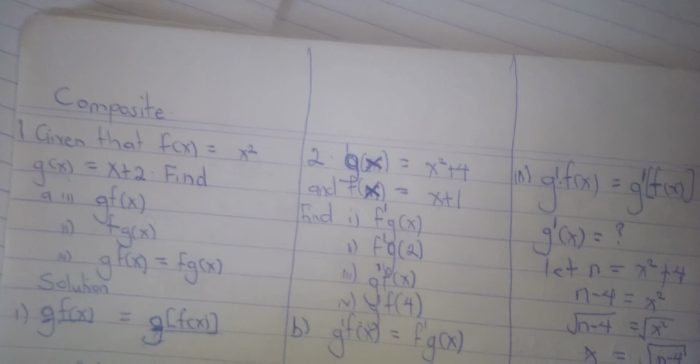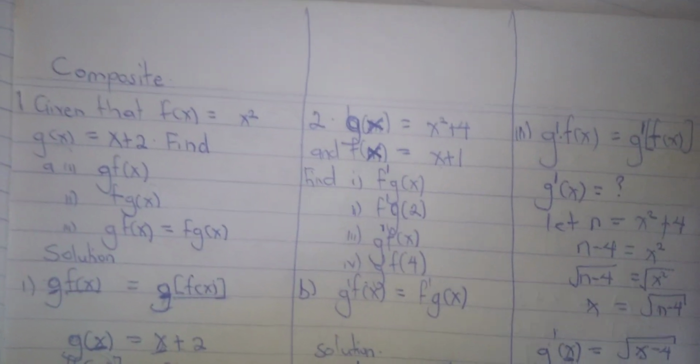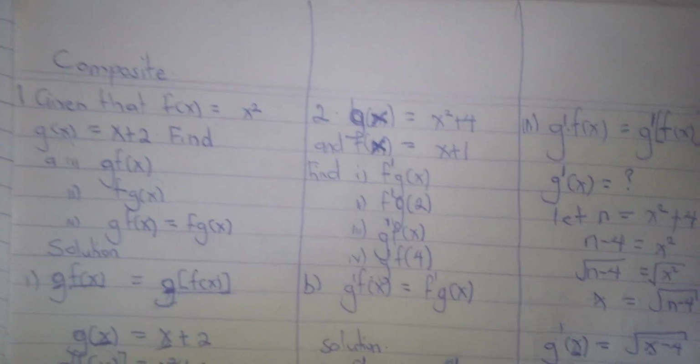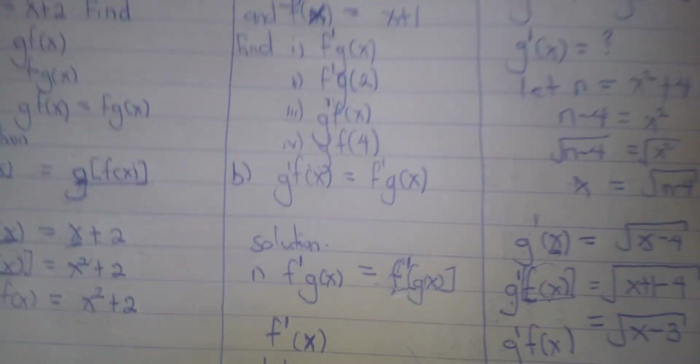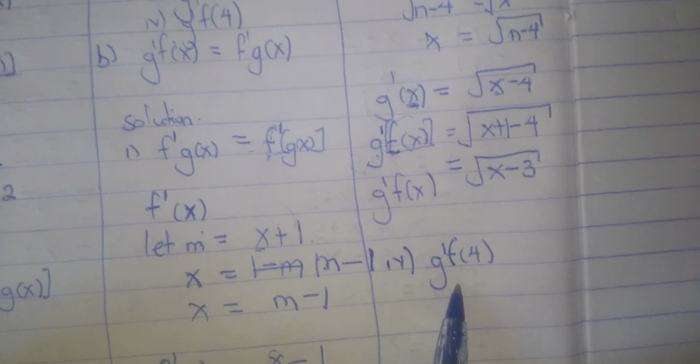But finally, Roman numeral 4, they wanted the g inverse f of 4. Since we already have g inverse f of x here, we shall now simply get the g inverse f of 4. How?